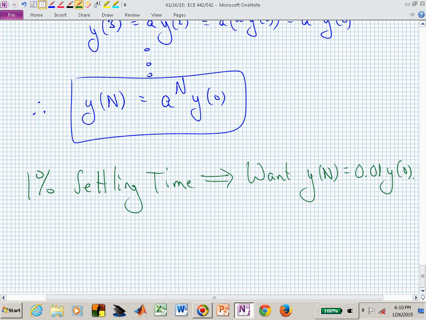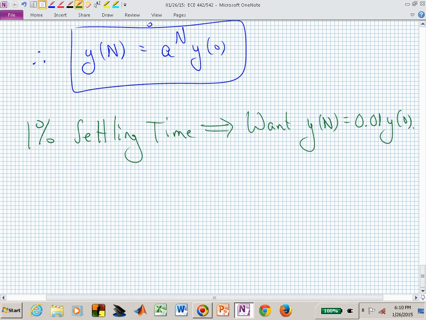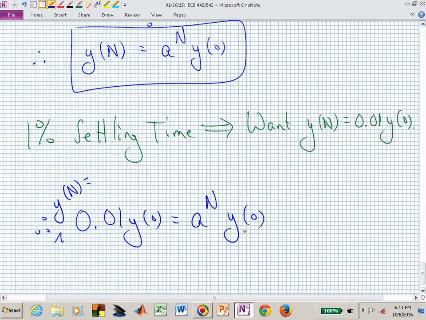We now have an expression for y of capital N relative to y of 0, and that's going to be key. We can now say that y of capital N, which we want to be 0.01 y of 0, is equal to a to the n y of 0.